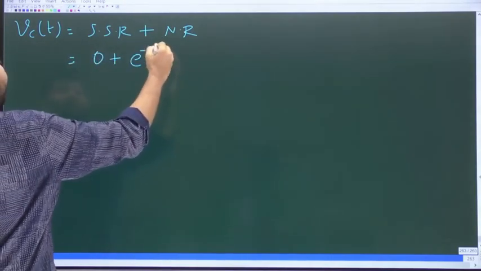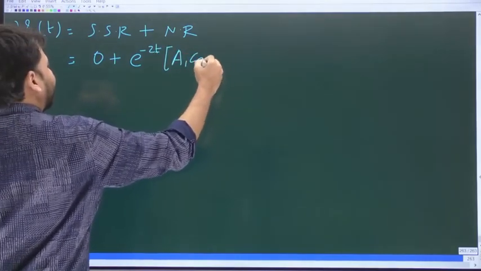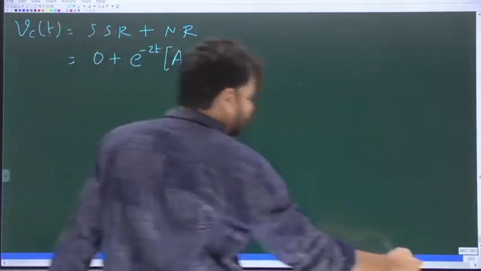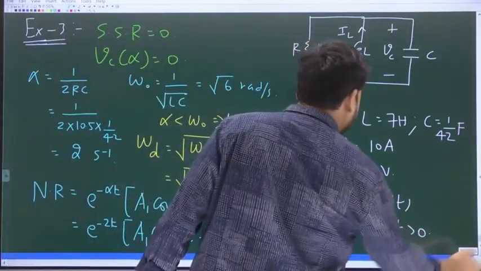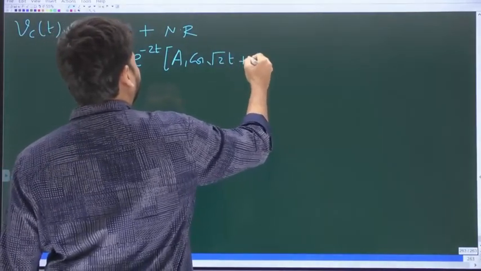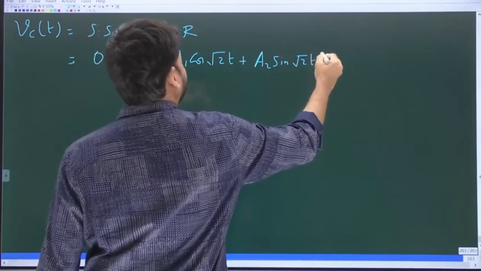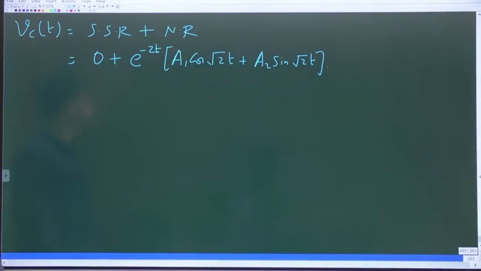NR is e power minus 2t times a1 cos root 2t plus a2 sin root 2t. This is the expression for Vc of t.